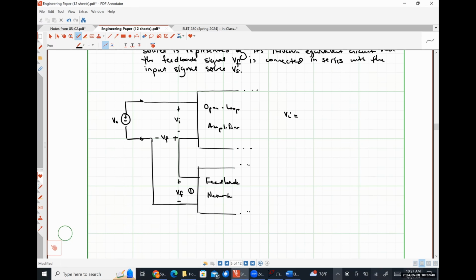VS plus VF would be positive feedback. We can see very easily, if we follow the current around this loop, or just look at the polarities of the voltages applying Kirchhoff's voltage law, VS and VF are of opposite polarities, which we need in order to employ negative feedback.